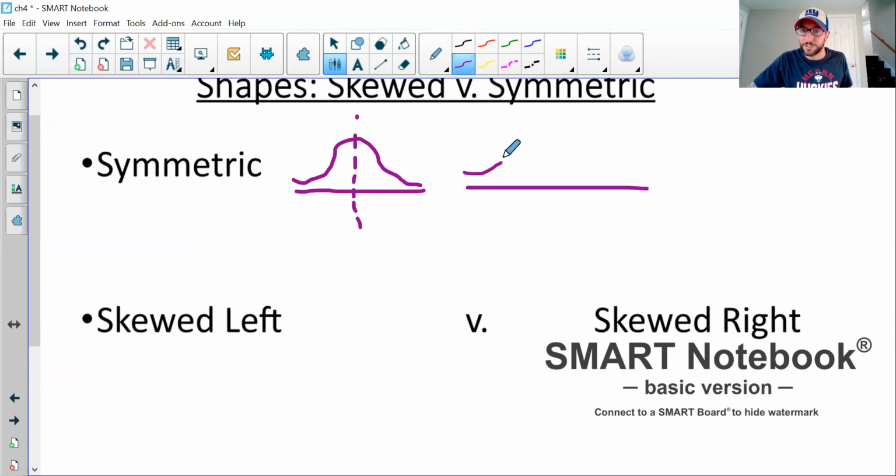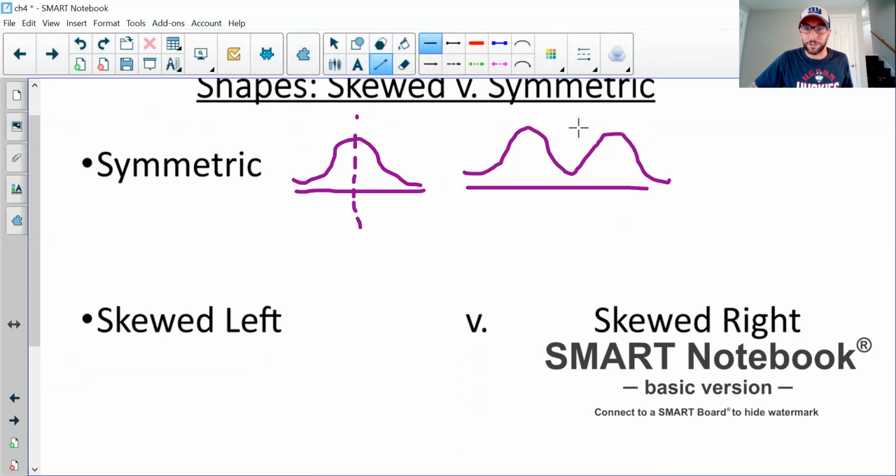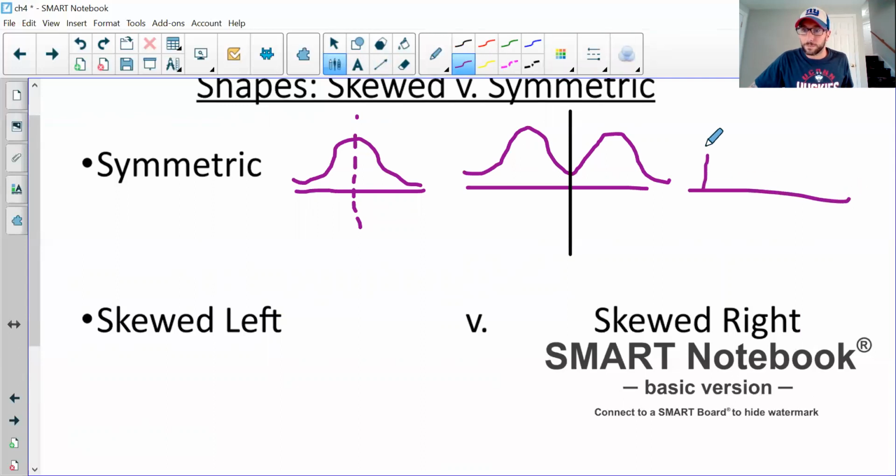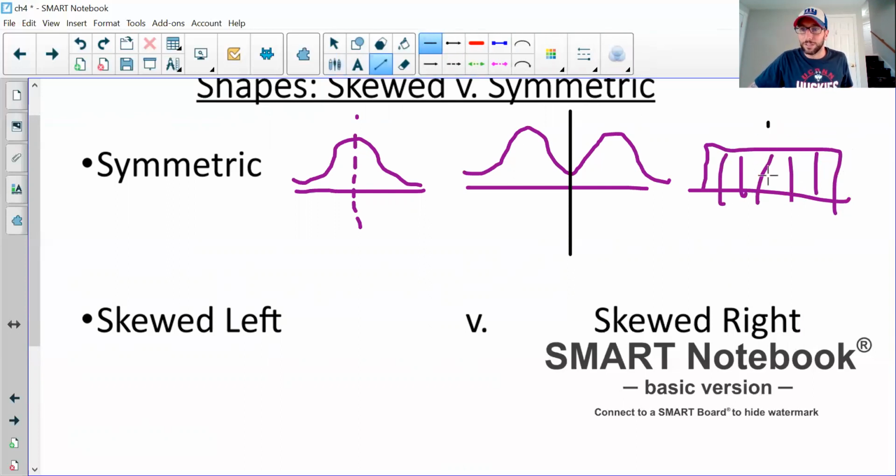Or maybe we have something that's bimodal, right? This bimodal distribution I drew earlier. Oh, that was disastrous. It is symmetric, right? We can draw a line down the middle and it's roughly the same on both sides. Or even if I draw my uniform histogram, now this one's perfectly uniform. That's not super common, but it could happen, right?